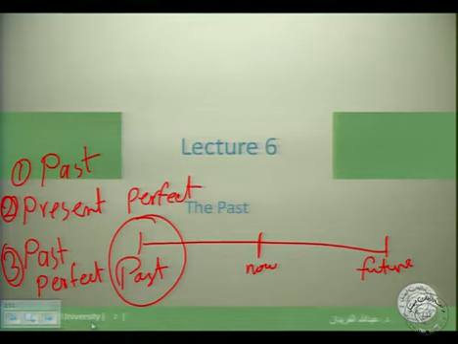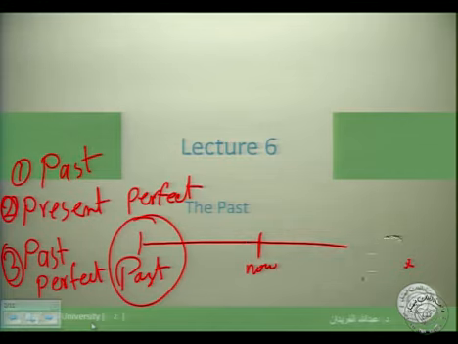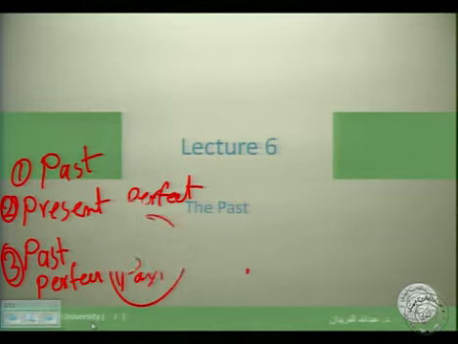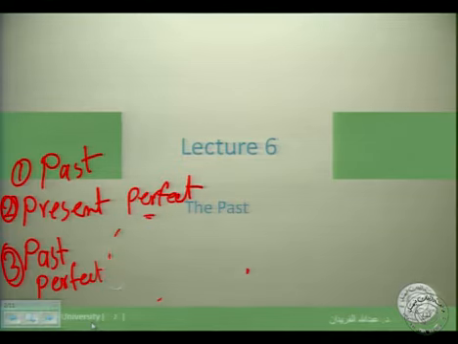The past is something that happened, let's say, very long time ago. The present perfect is something that happened just now. So if you just finished cleaning the room, let me give you examples of the 3 of them, in a different color.